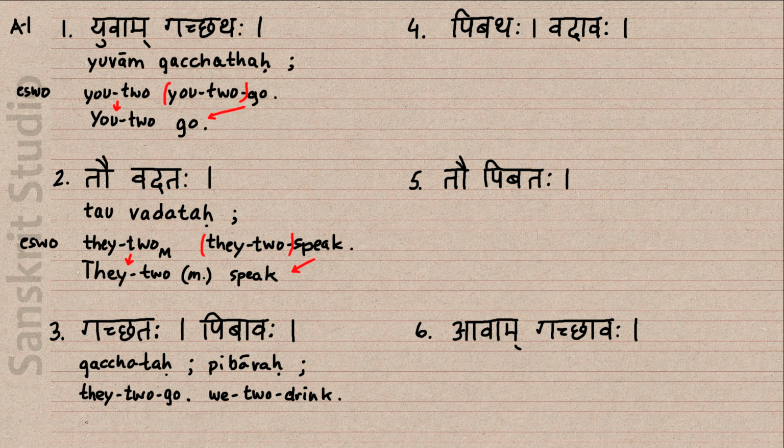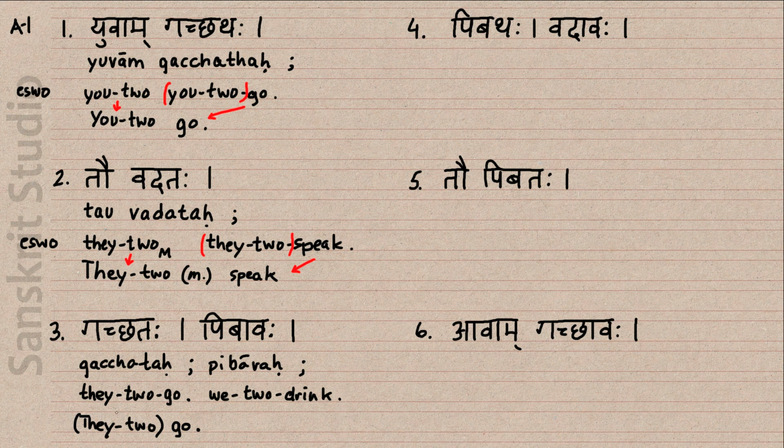Because we have no pronoun, when we now write the English sentence, we have to bracket that and write like this.